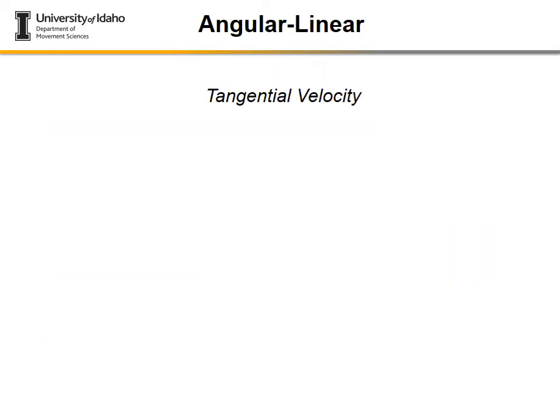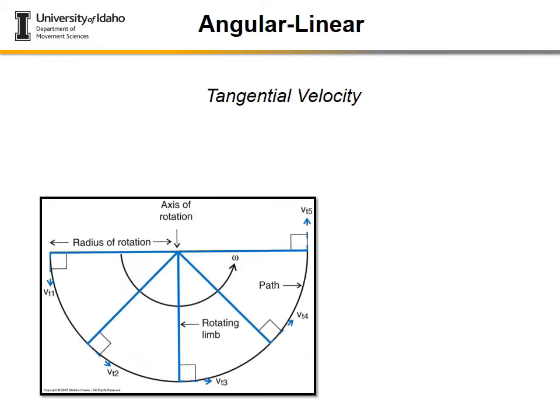So the first major component is going to be tangential velocity. What is tangential velocity? Well, we talked about tangential previously, and remember, tangential is where you have one point that touches the curved path. What this looks like is, all these VTs on this graph are the tangential velocities, and you have each of the individual R's coming out.